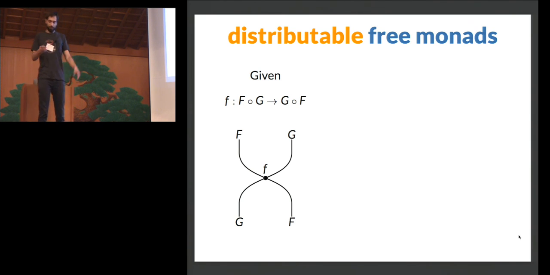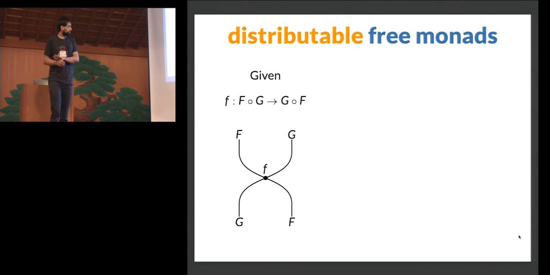That's all about distributing one thing over the other thing, right? This kind of distributivity seems to be very important in the theory of monads.